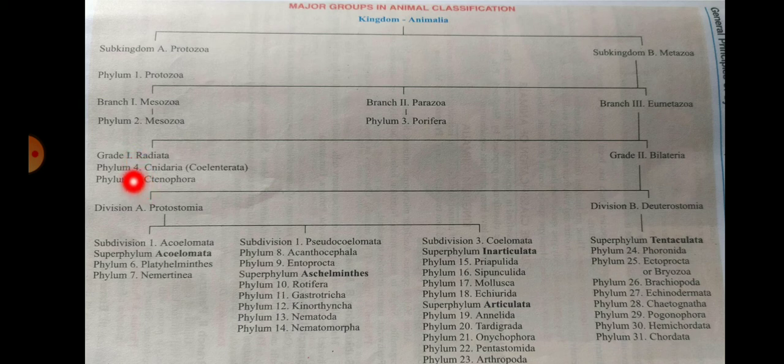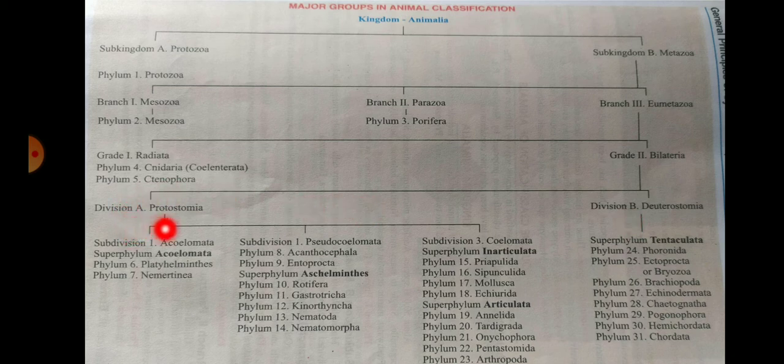Grade first, Radiata, is divided into two phyla, that is, Cnidaria, which is also known as Coelenterata, and Ctenophora. Grade second, Bilateria, is divided into two divisions, that is, division A Protostomia and division B Deuterostomia.